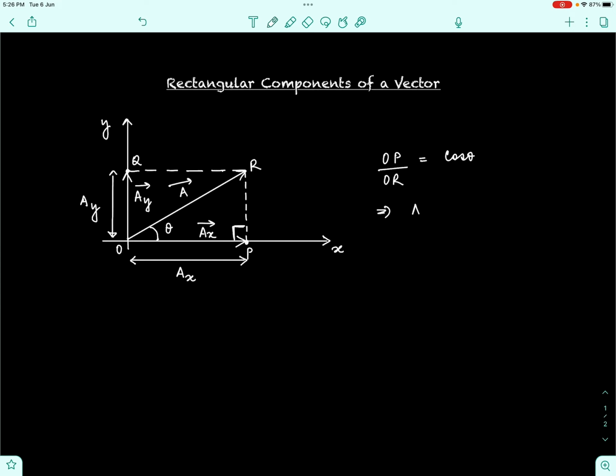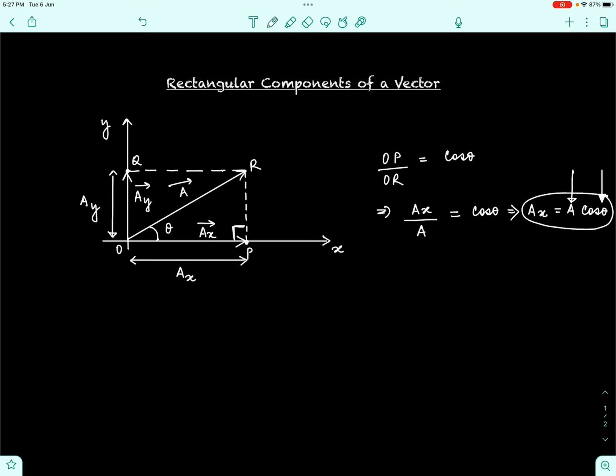So, we can write Ax by the length OR, which is nothing but the magnitude of vector A, which we write as A. So, Ax by A is cos theta, and we get the value of Ax as A cos theta. So, this becomes the component of vector A along the x axis: Ax is equal to A cos theta. Here A is the magnitude of the vector A and theta is the angle that vector A makes with the x axis, right.